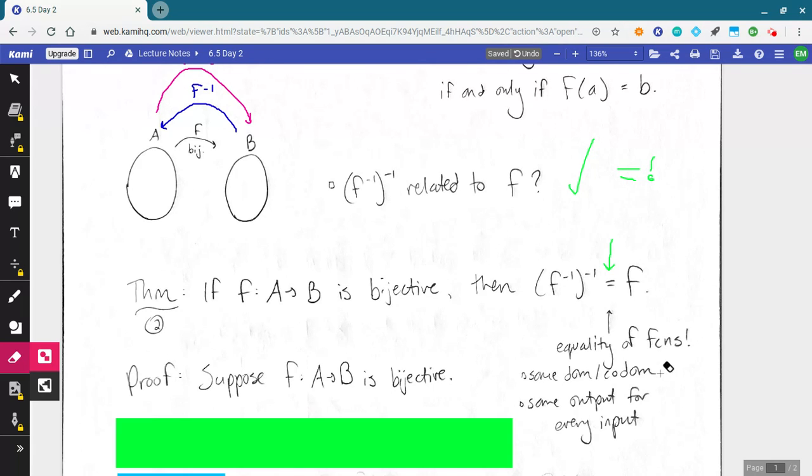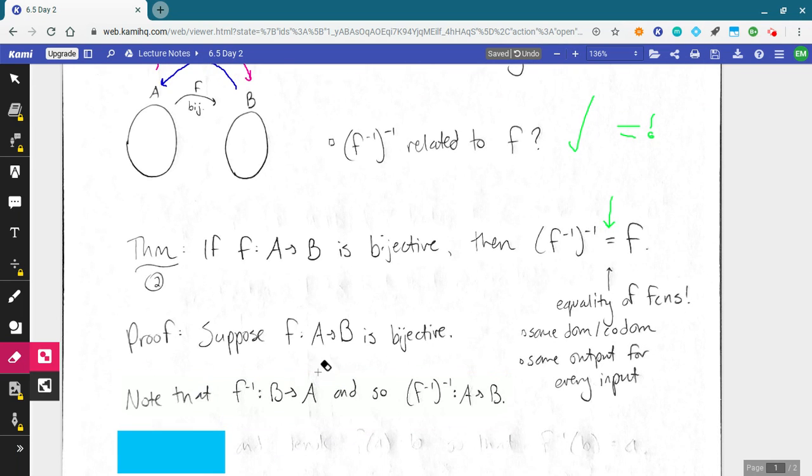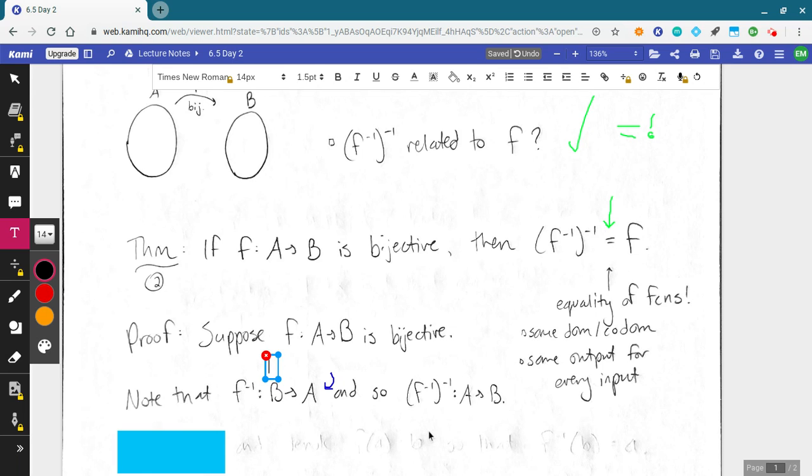All right, so domain and codomain is pretty quick. We can note that f inverse maps from B to A, and so f inverse inverse is going to map from A to B. And maybe let me mention in here the comment we made just a moment ago. See if I can do a little text box. There we go.